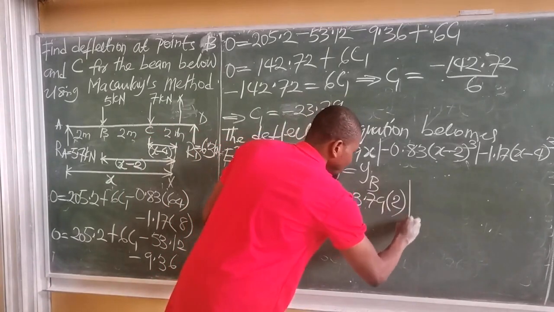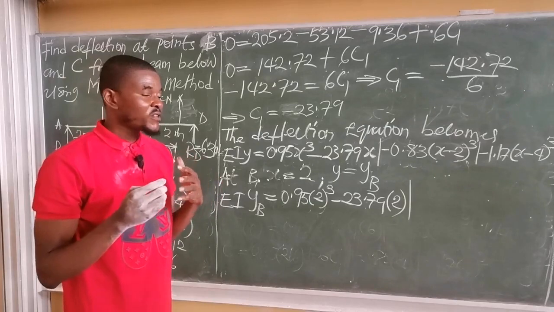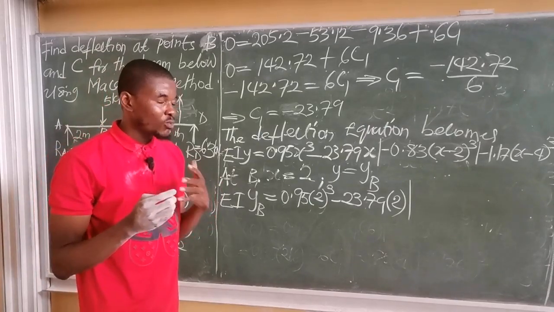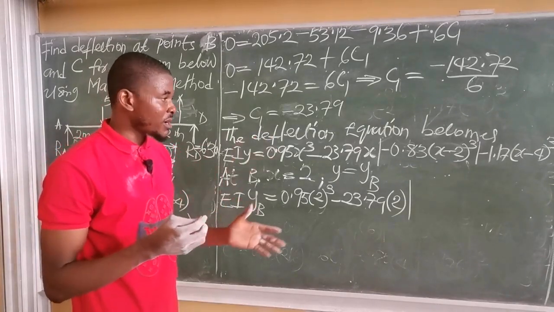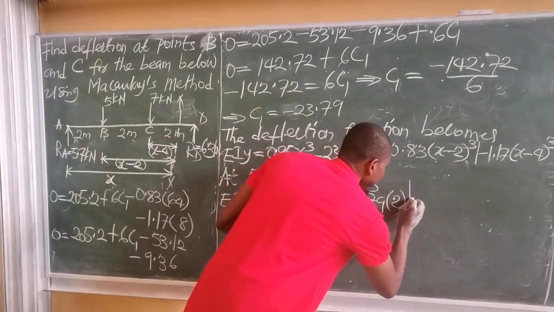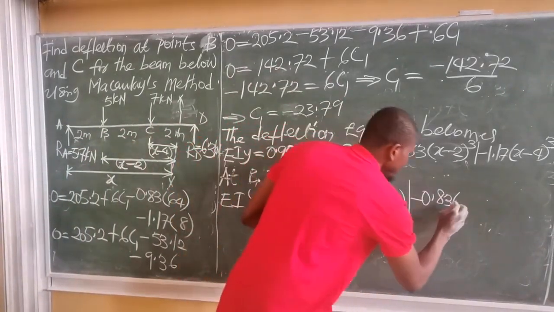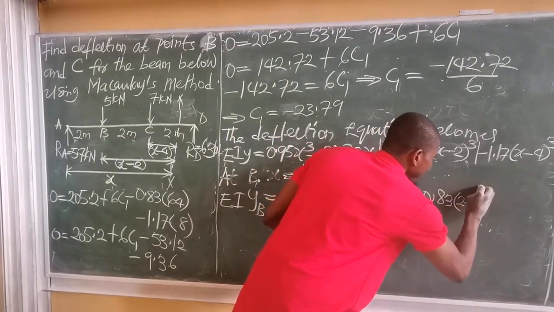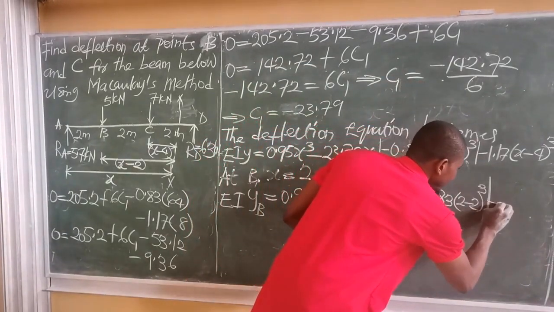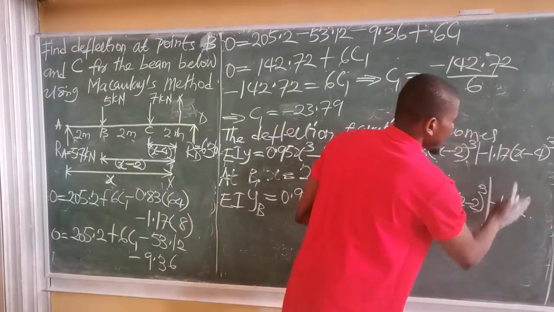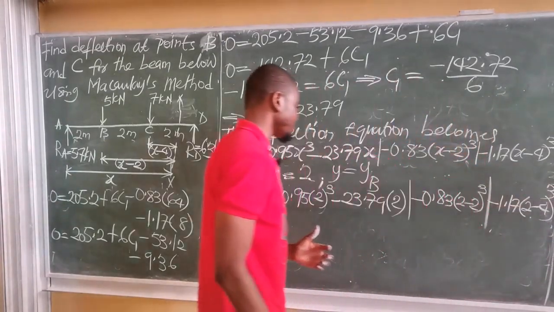Put down your Macaulay's bracket. Now the essence of the Macaulay's bracket is always to investigate, like I said, if every value inside the bracket is less than 0, automatically that value becomes 0. So you must always work with the Macaulay's bracket. We have minus 0.83 into 2 minus 2 to the power of 3. Open your Macaulay's bracket again. We have minus 1.17 into 2 minus 4 to the power of 3.